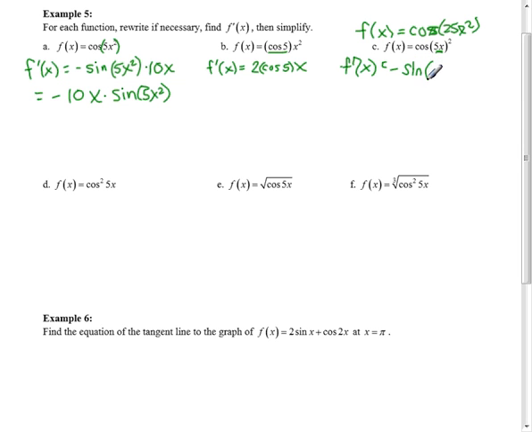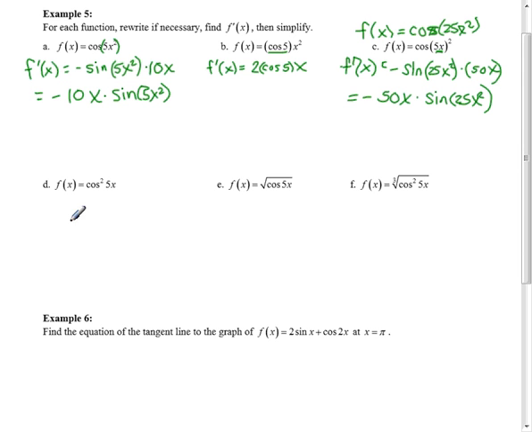Remember we changed it to 25x squared. Now we just have to multiply by the derivative of the inside using the chain rule, which would be 50x. Again, we could rewrite it as negative 50x so we don't mix it up or try to squish that in the sine function. So negative 50x times sine of 25x squared.